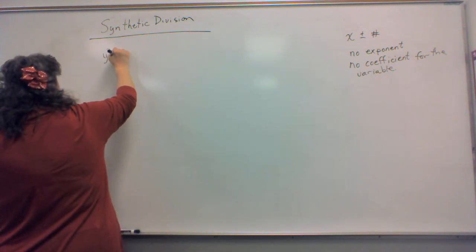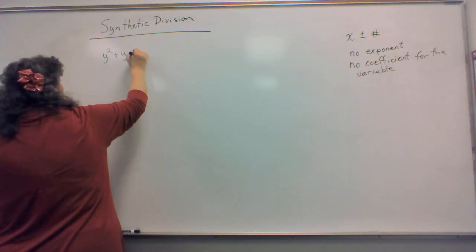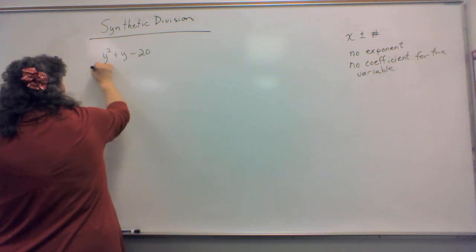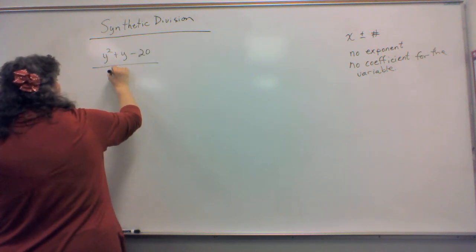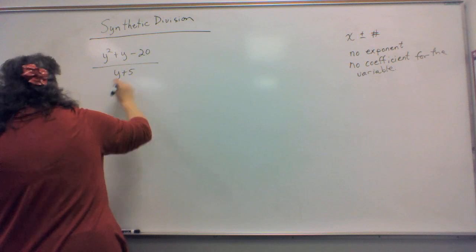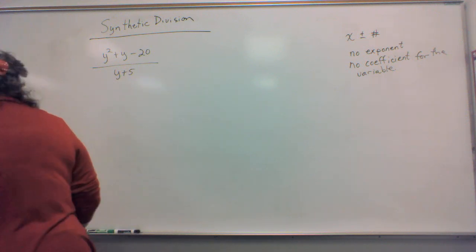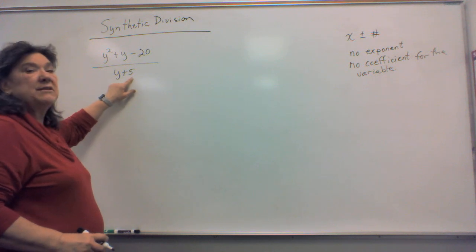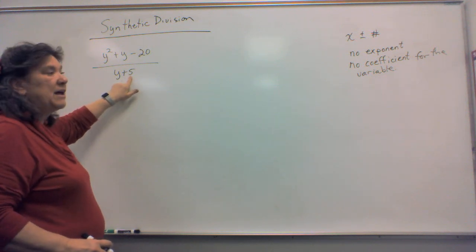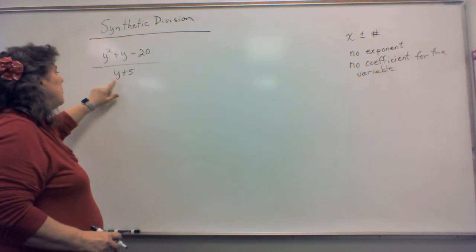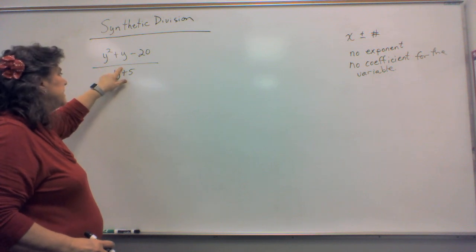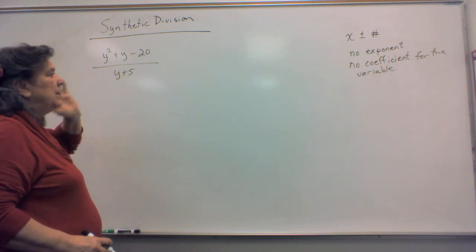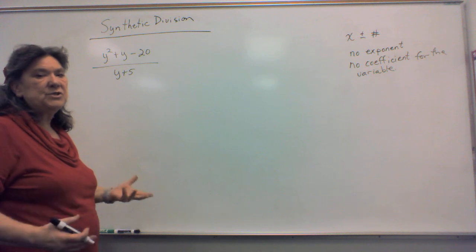y squared plus y minus 20 divided by y plus 5. Okay, first of all, can we do this division? Yes, we can with synthetic division, because 5 is a number and y doesn't have either an exponent or a coefficient. So what is the first thing we do with this?